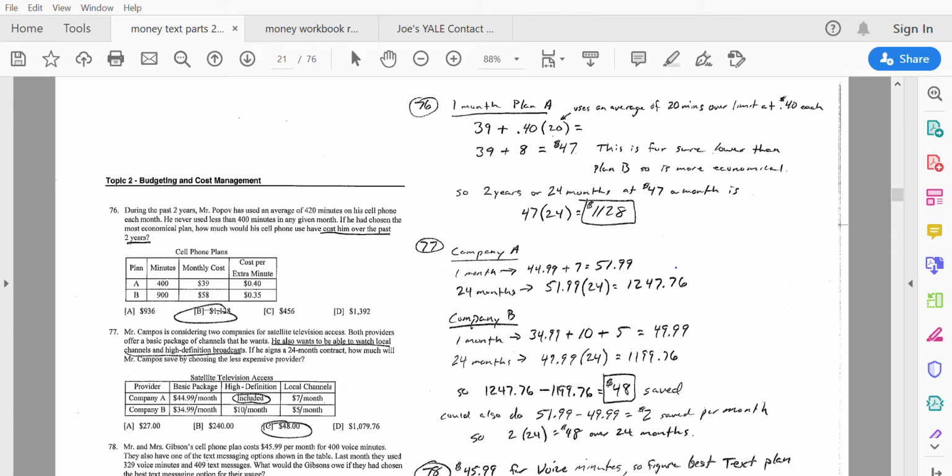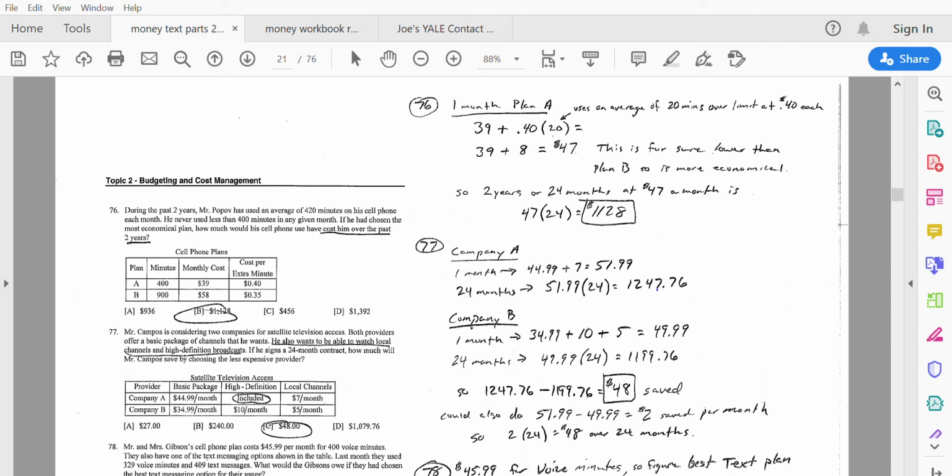So in 1 month, it's $49.99. So we can see that as cheaper. But we don't want to just see how much cheaper it is in a month. We want to see in 2 years. So 24 months, we take the monthly cost of $49.99 times 24.